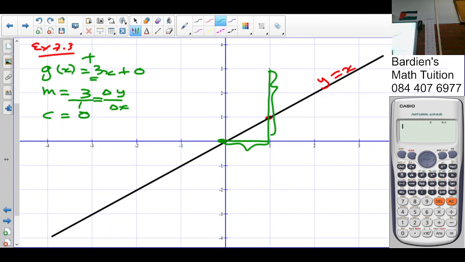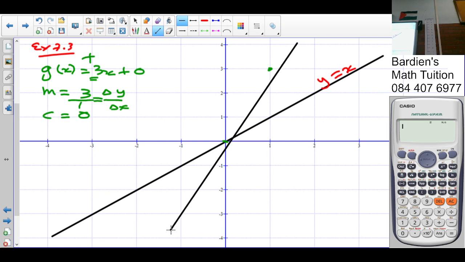So it must go through that point there and through that point there. Again, I take my ruler and I rule the line going through those points.